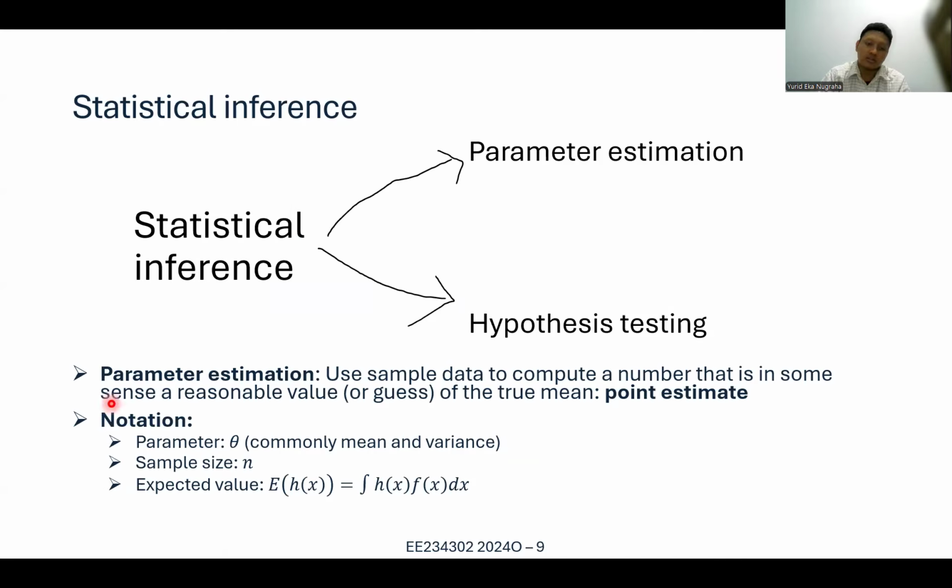The population, of course, is commonly unknown. We cannot get the data of all of the population. Rather, we get the data of some of the samples. And as this text says, we use sample data to compute a number that is, in some sense, a reasonable value or guess of the true mean, which is called the point estimate.